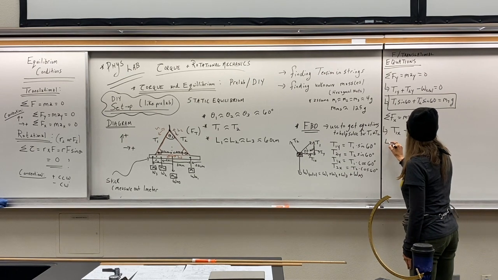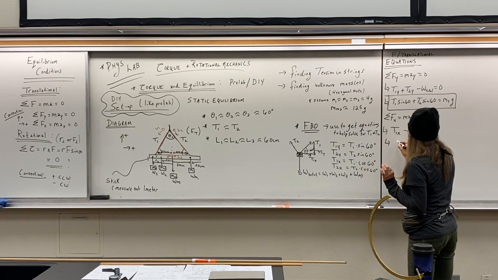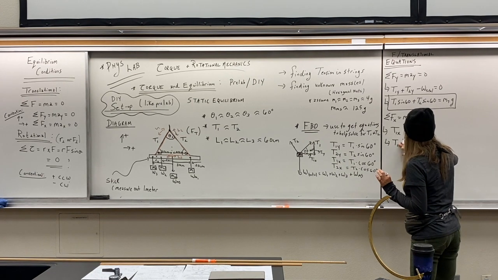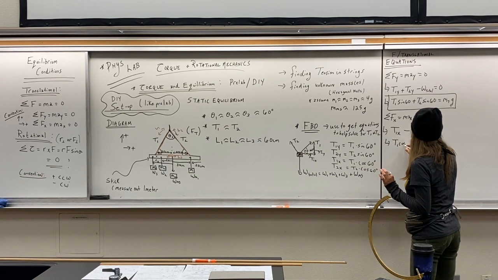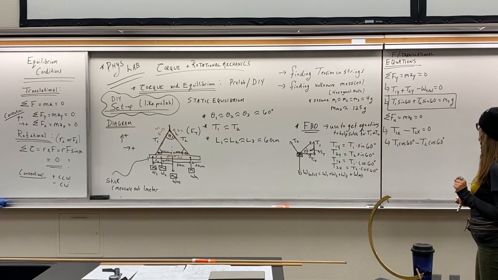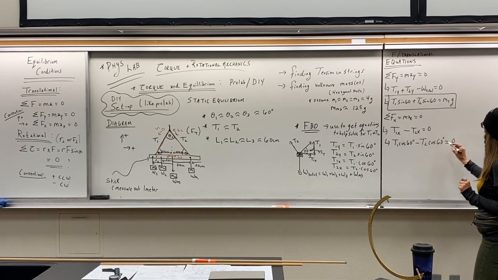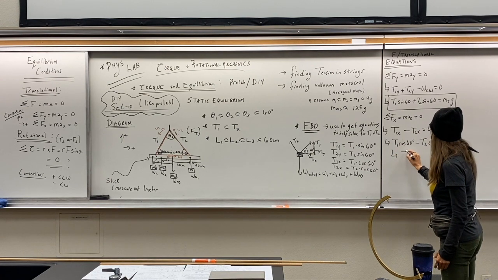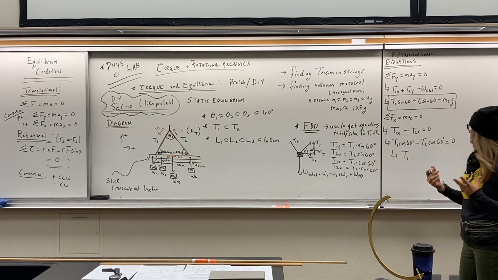equals 0. So what I have here is T1 sine 60, cosine, excuse me, minus T2 cosine 60. Okay. And that should equal 0. So I get this nice equation. I could get T1 in terms of T2.